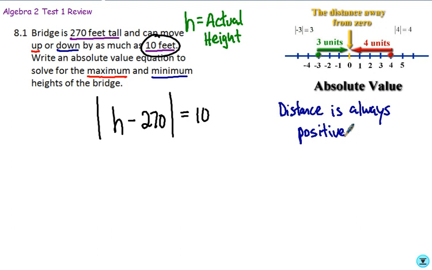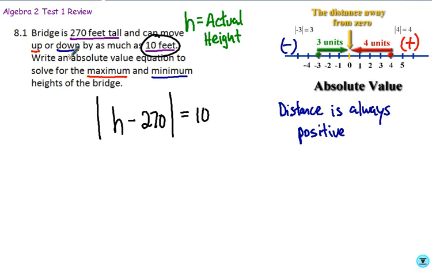So there are certain situations where negative numbers just don't make sense. It doesn't really matter the direction, whether you're coming from the positive side or the negative side. Regardless of which direction you're coming, we measure that distance as a positive number. So it doesn't matter if the bridge is bending up or down. The distance that it moves is going to be a positive number.